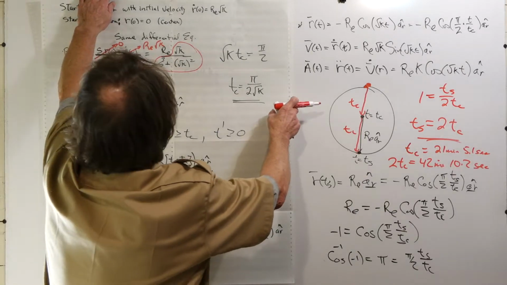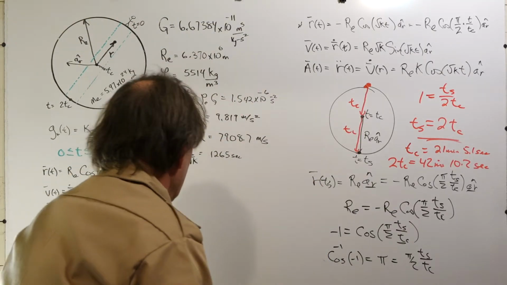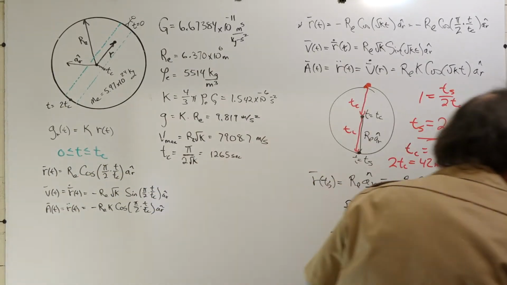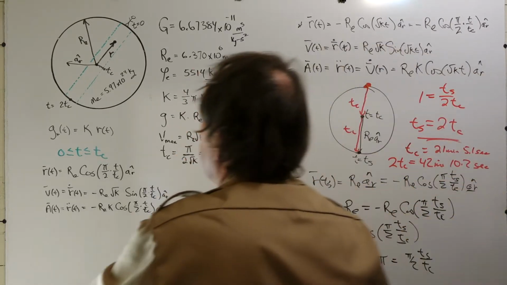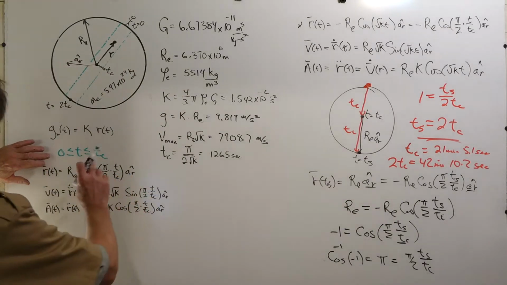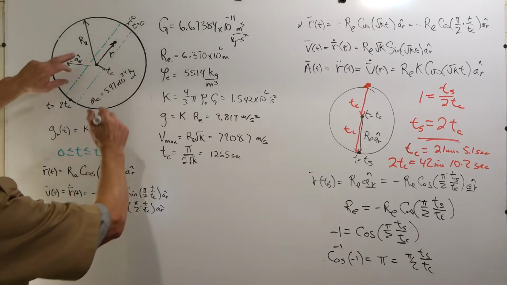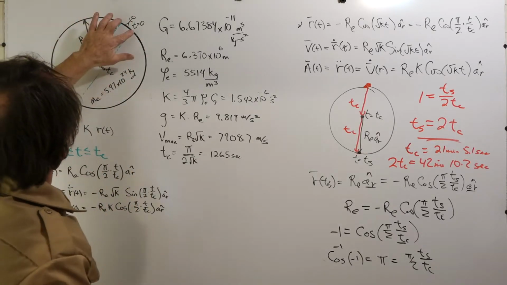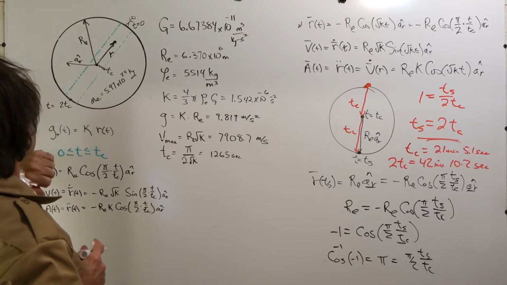Now let's summarize all this. So taking what we've had before, this was the first equation that we solved. The first problem was we have the Earth, we have a hole bored through the Earth going through the center.